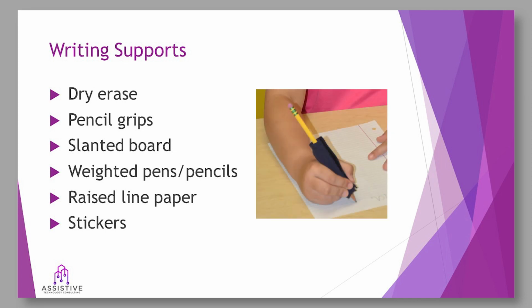Weighted pencils are really great for some kids that need that sensory input into their hand. And you're like, well, where do I get a weighted pencil from? My best friend is the toolkit. I guarantee you, if you have a significant other or you have your own toolkit like I have, you have nuts and washers right inside the toolkit, and you just find ones that slide right over the pencil, right?